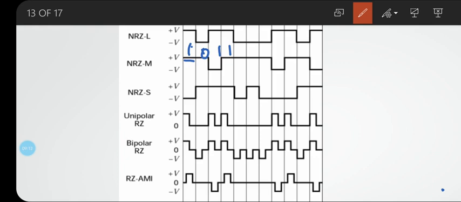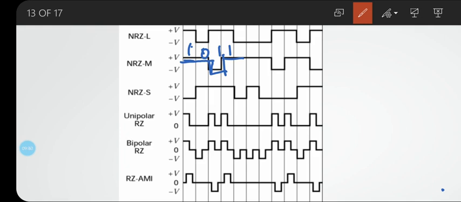For 0 I am not going to change, it will remain as it is, and for the next 1 I am going to change my level, transitioning from plus V to minus V, and then remain the same. Again for the next 1 I am going to make the change, which means a mark is represented by a change in level for 1, and 0 or space is represented by no change in level.